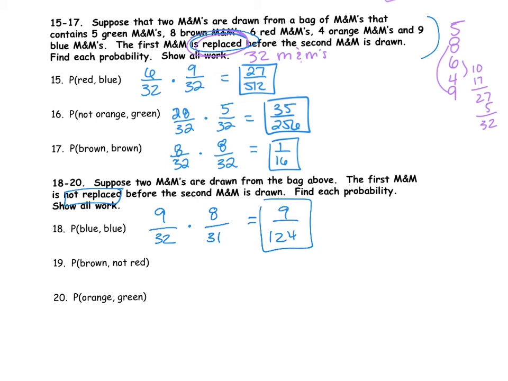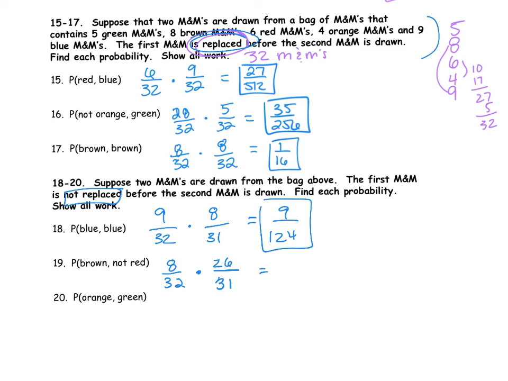Very small. Number 19, probability of brown, not red. So brown first. How many brown? 8 brown out of 32. And then again, not red. There's 6 red. So 32 minus 6 gives us 26. So everything that's not red is everything else. So 26, and then out of only 31 because you took a marble out.